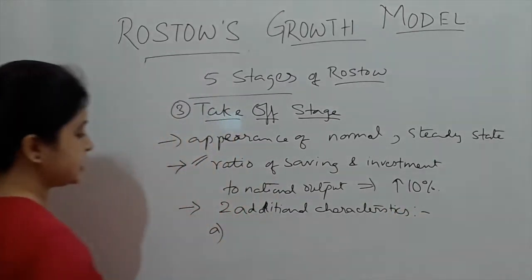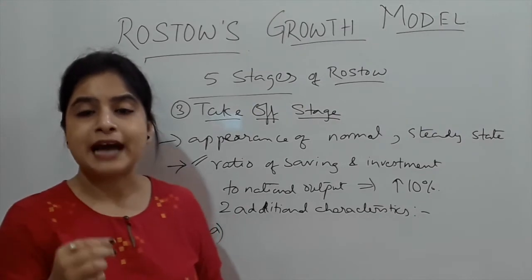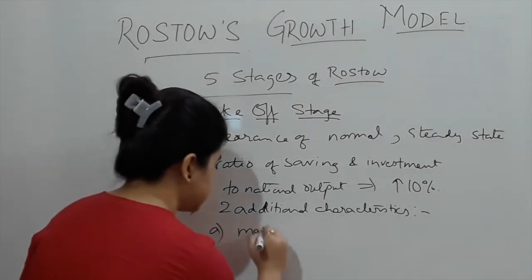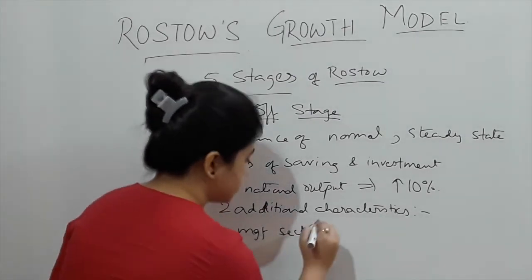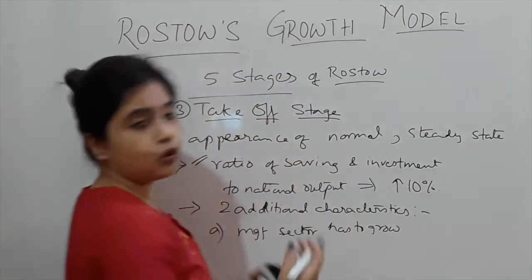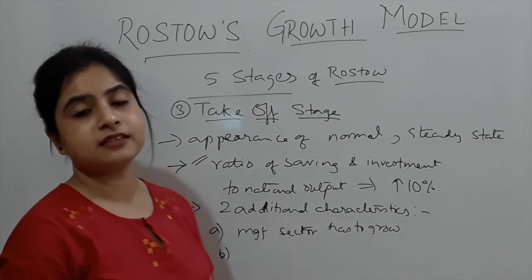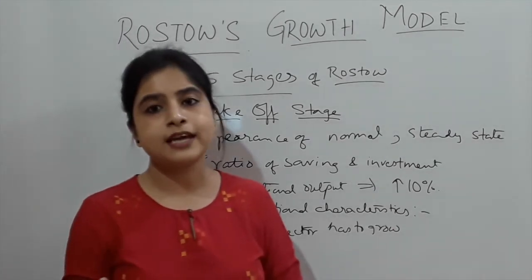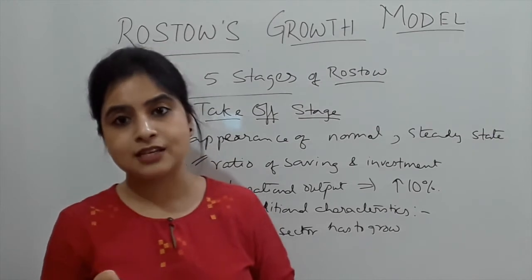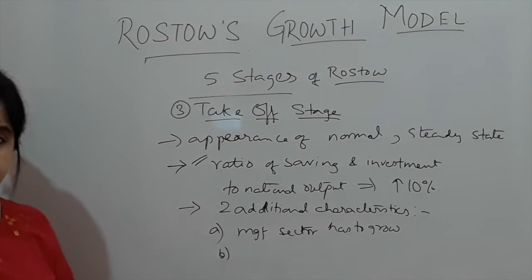Number one is that the manufacturing sector has to grow at an increasing rate. And the second additional characteristic is the presence of a framework. The framework can be either political or social, but that framework has to be present in order to support the expansion of this modern sector.